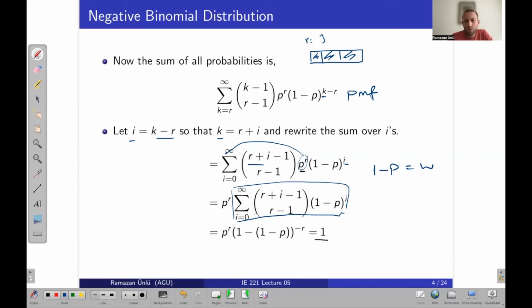And I can rewrite this part as 1 minus w, which is 1 minus p in our example, that will be 1 minus p to the minus r. And if you do some math operations, it will be equal to 1. So that means the PMF of the negative binomial distribution is a proper one, because the sum of the PMF is equal to 1.